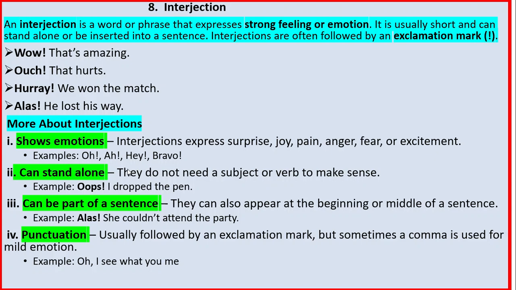They can also appear at the beginning or middle of a sentence. For example, alas, she couldn't attend the party. Punctuation: usually followed by an exclamation mark, but sometimes a comma is used for mild emotions. For example, oh, I see what you mean.